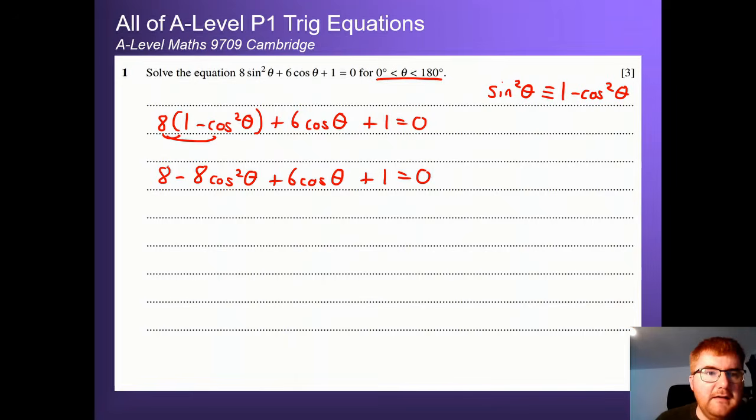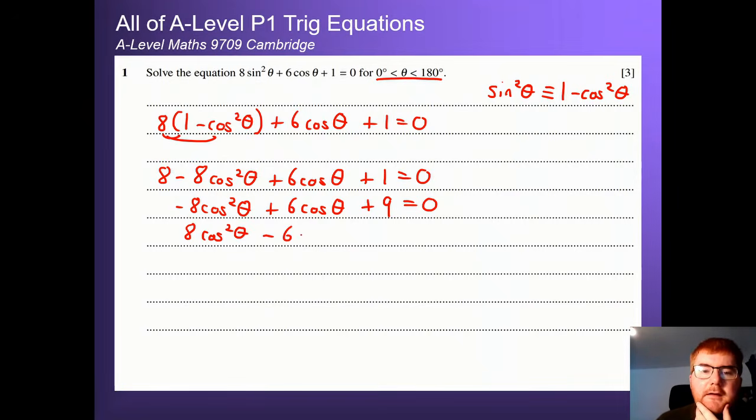We've got an 8 and a 1, that makes the 9 here, and we have the rest like so. Generally I like my cos squared value to be positive, so I'm going to switch all the signs here by multiplying by minus 1.